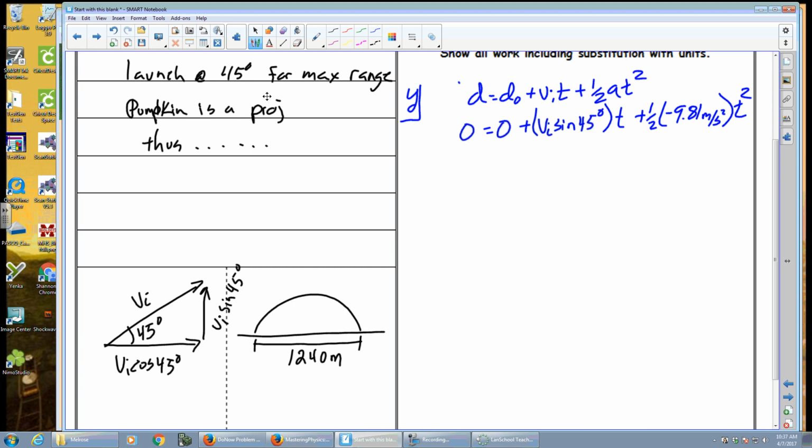Because what's 0 divided by t? 0, right? So I have vi sine 45 degrees minus 1/2 9.81 meters per second squared t. I pulled the negative out and made it minus, so that I won't screw it up on my calculator. That's the main reason.